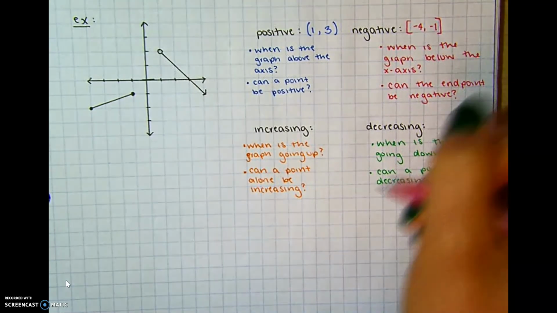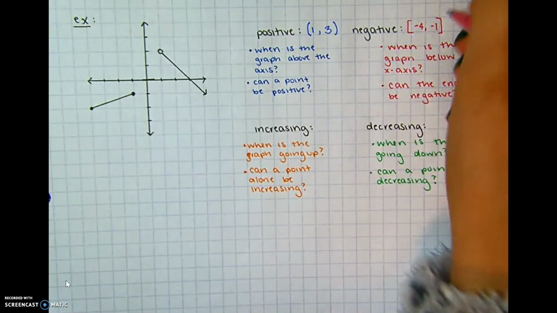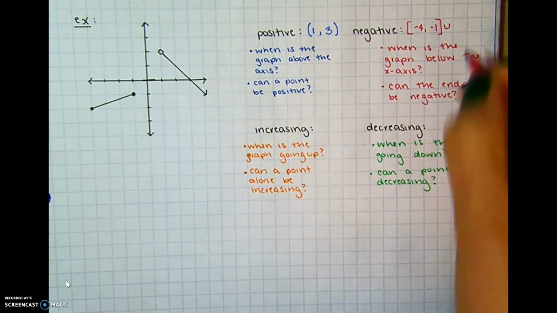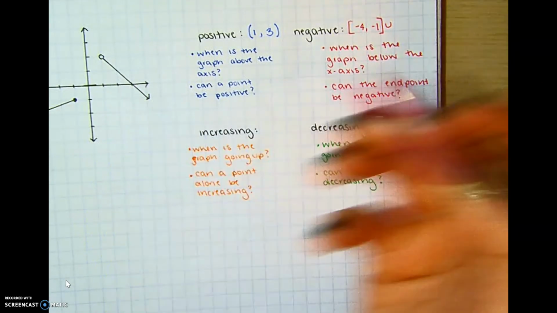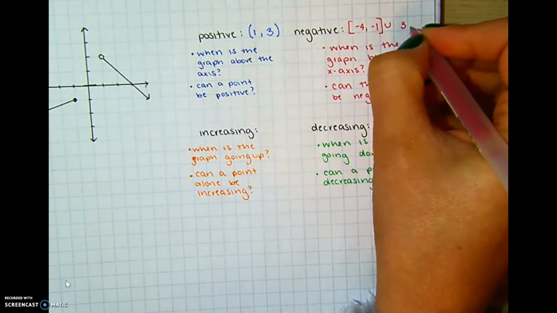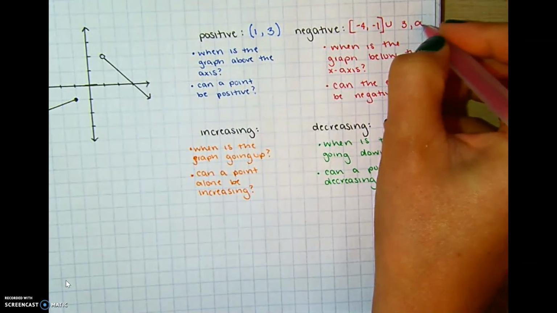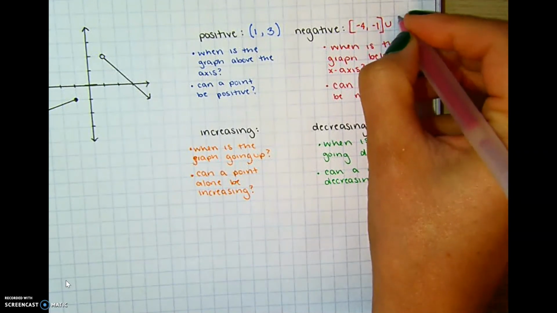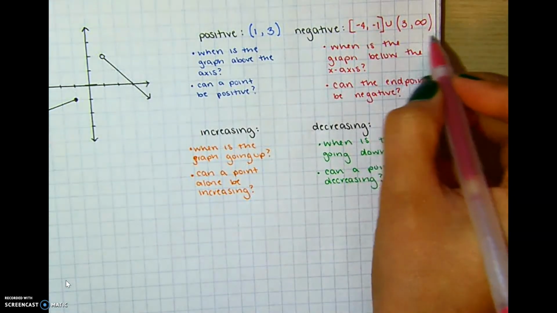But then it's also negative over here. So this is where we use union, similar to domain and range. So from 3 to positive infinity, and 3 is on the axis, which is neutral, and infinity is not a number, so we use a soft bracket.